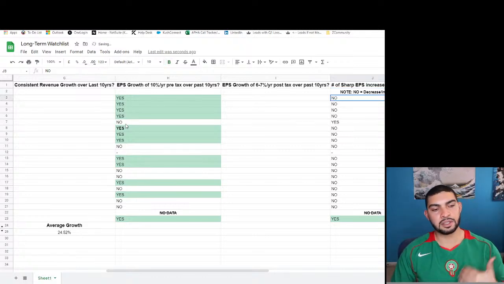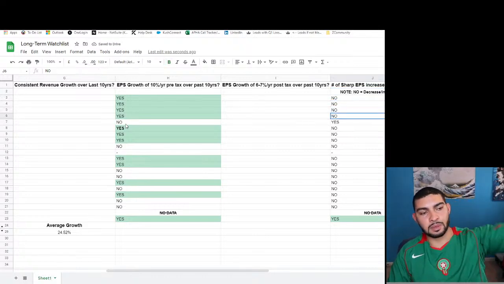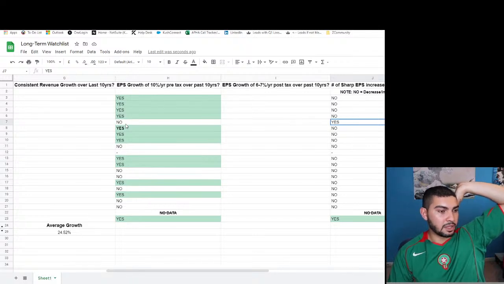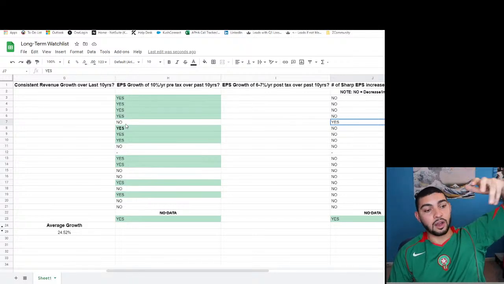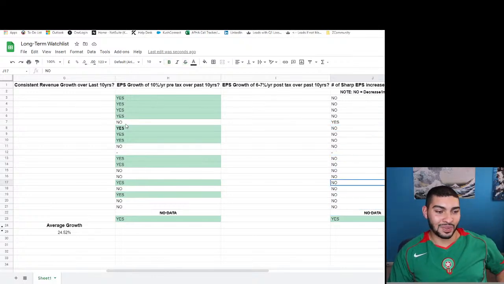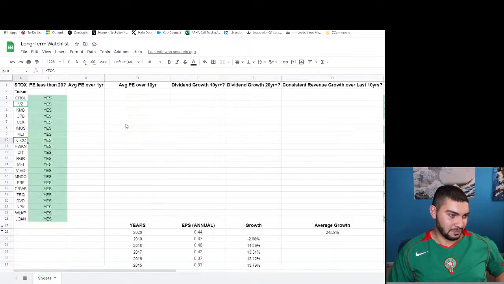So by me saying no, essentially in this field, I'm saying yeah, there is a sharp decrease or increase, which is something that we cannot tolerate. Saying yes is a good thing because that means there hasn't been anything of that nature, and it's something that we could potentially look into. But unfortunately, we only had 2 stocks that were looking like that. Kind of sucks, but it is what it is.